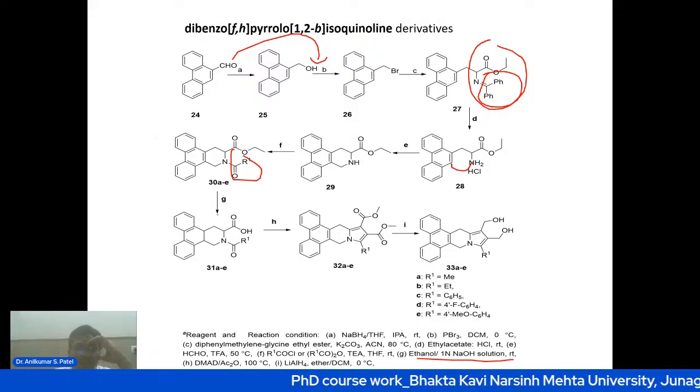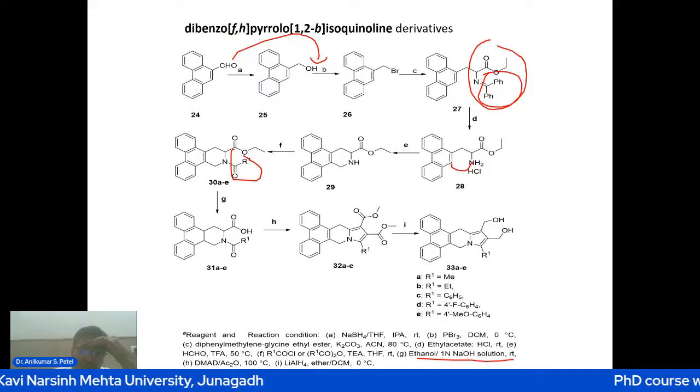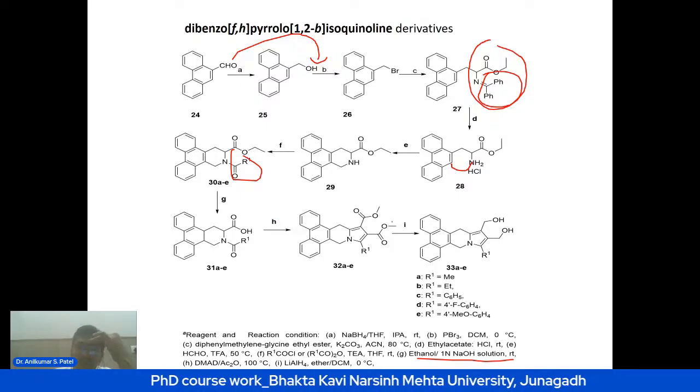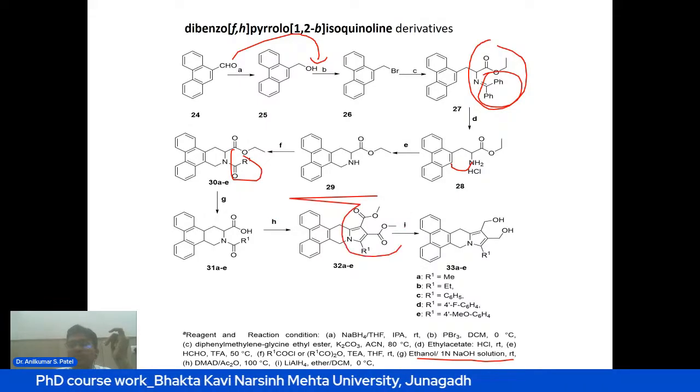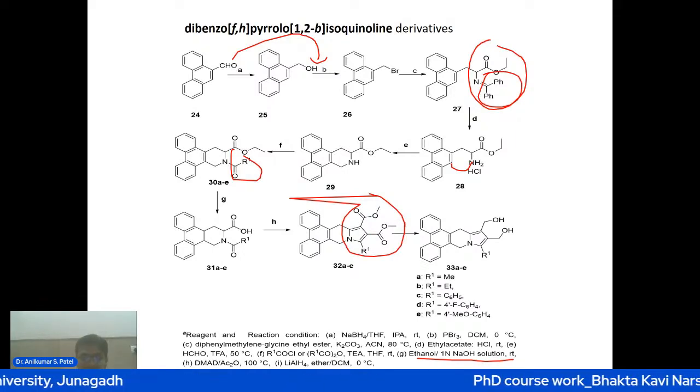So the ester is hydrolyzed to the acid. Now this acid, the N-acetyl compounds 31A to E, is treated with dimethyl acetylene dicarboxylate to produce the diester, 32A to E.